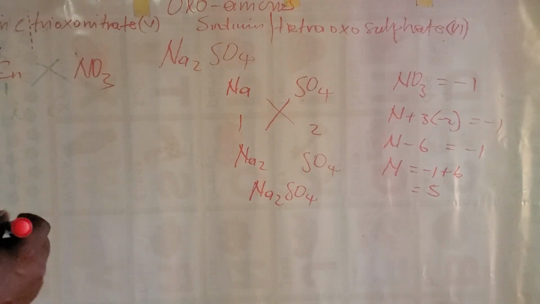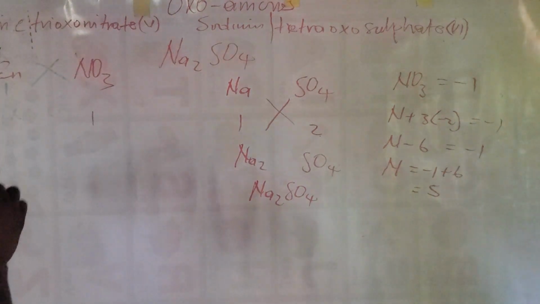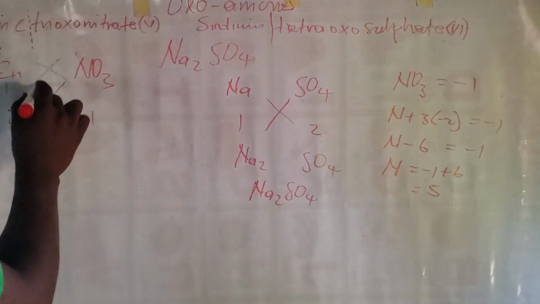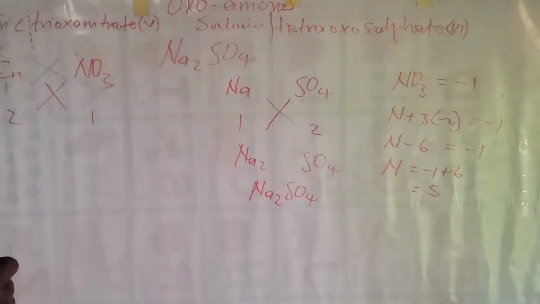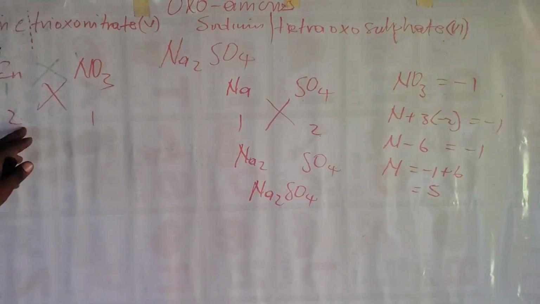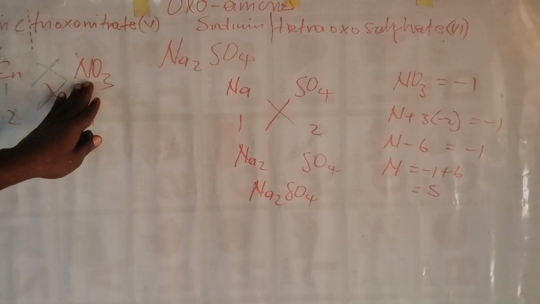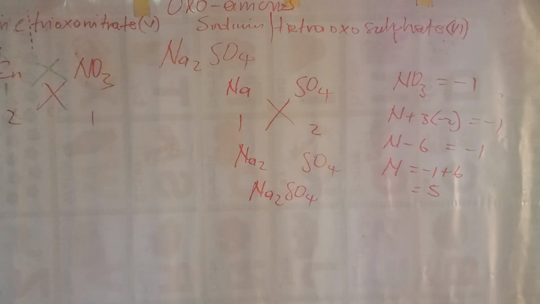So we go again to this one. Now the valency for this trioxonitrate is 1. The valency for the zinc is 2. So you cross multiply, this one affects this and these two affect this. But mind you, this valency affects both nitrogen and oxygen, and this one only affects the zinc.